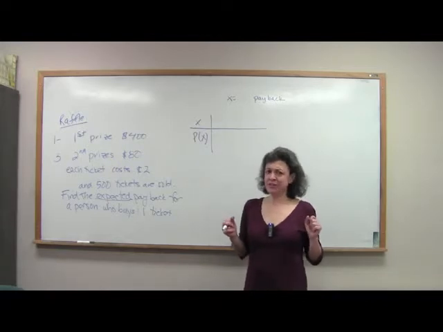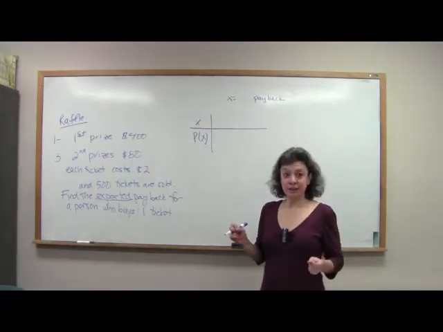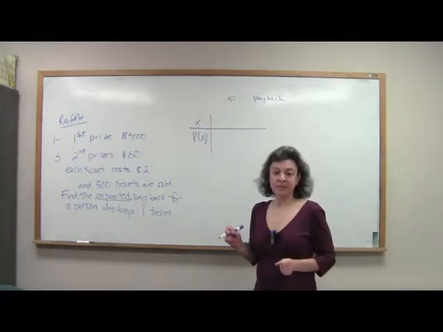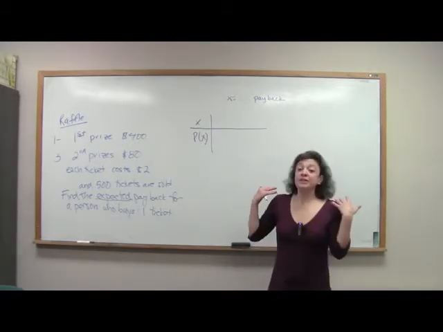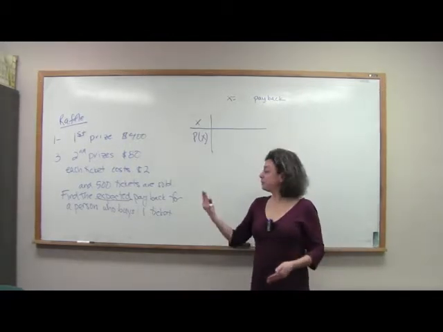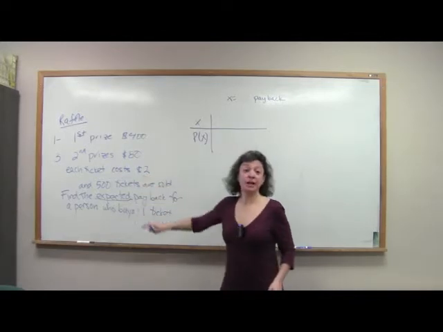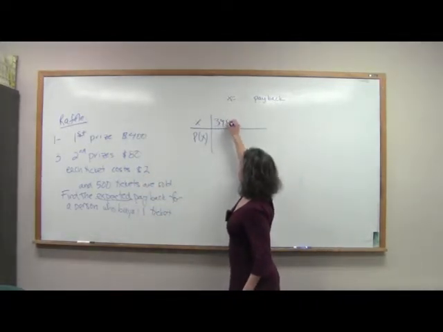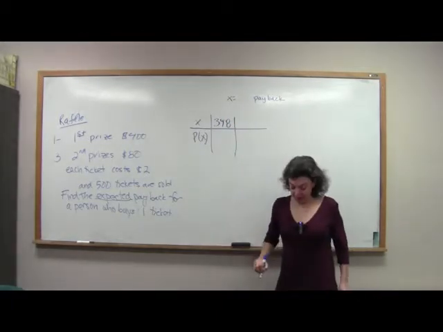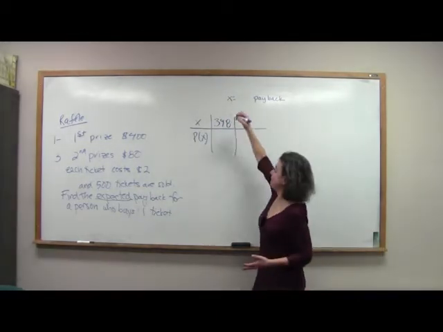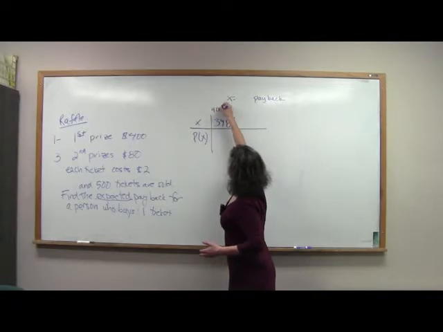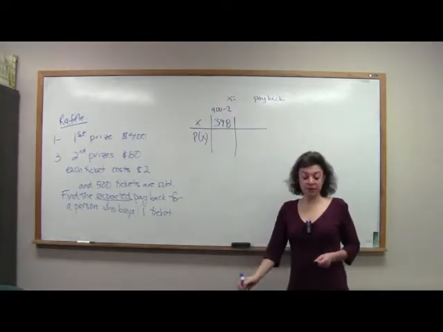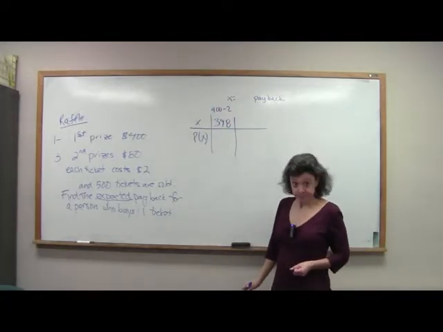But we got to pay attention because I claim we don't actually walk away with $400, right? We do win $400, but remember, we spent $2 on the ticket. So I claim what the first prize winner actually walks away with is $398. So they won $400, but we got to subtract off the $2 that they spent.